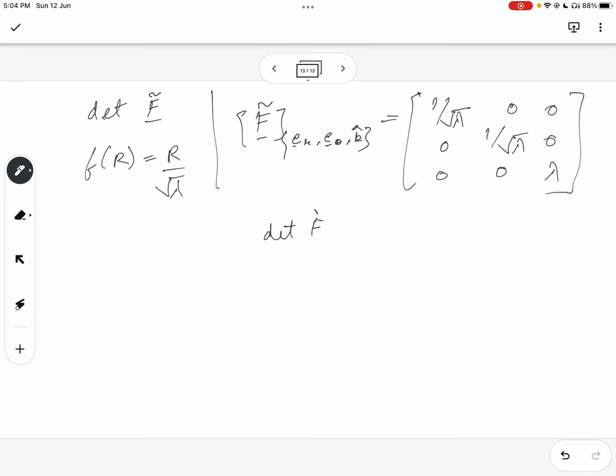Determinant of F tilde is 1 by root lambda squared times lambda, which is 1. Therefore, this is isochoric.